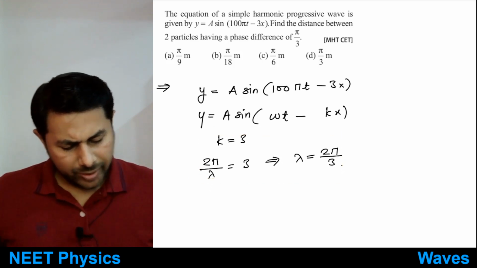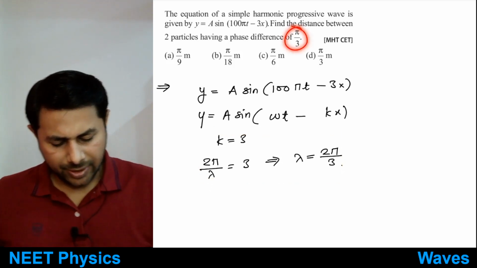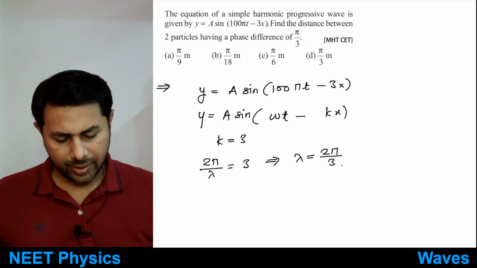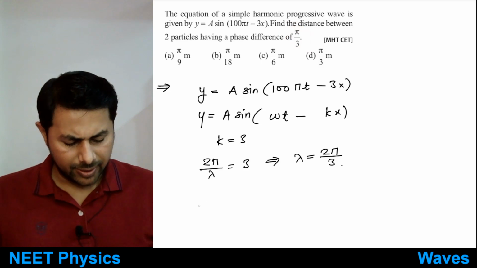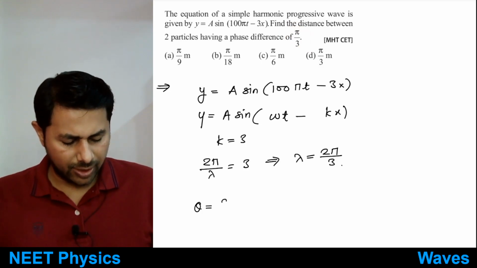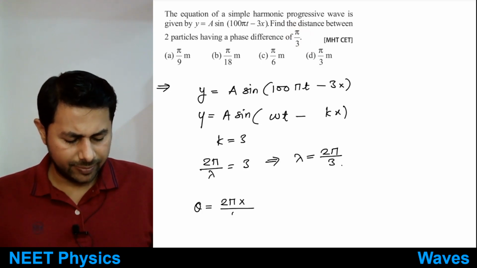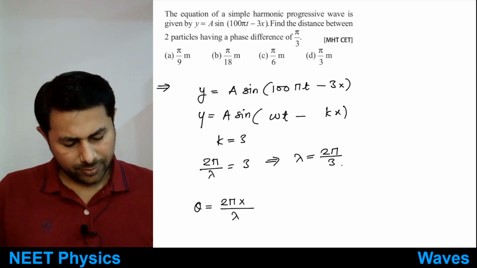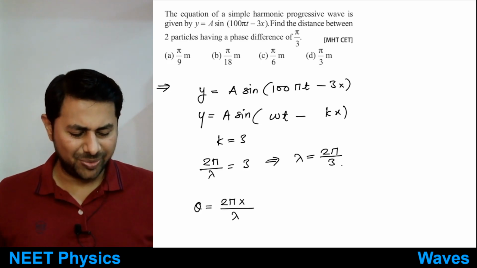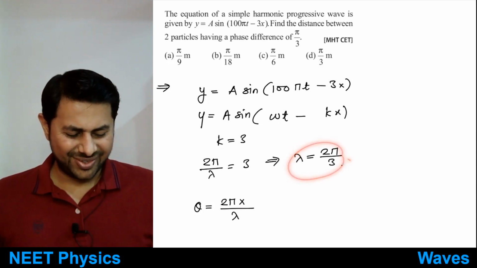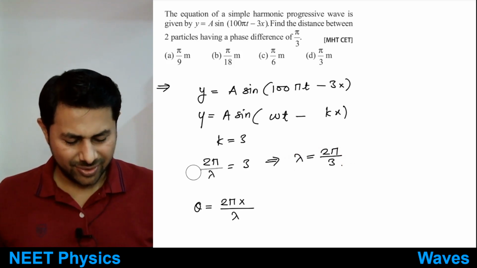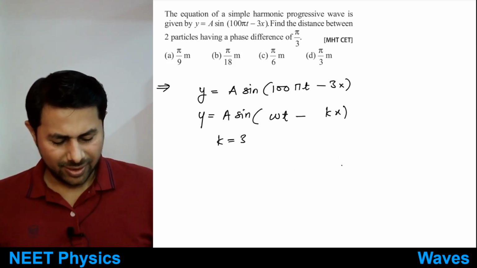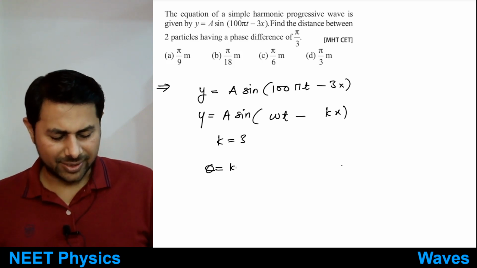And then what do you have? So phase difference is pi by 3. What would be the path difference? Okay, distance between two particles having phase difference of pi by 3. So again, theta is equal to 2 pi x by lambda, right? And oh, we actually didn't need to find out lambda, right? We could just substitute k. So okay, simpler way to do this, theta is just equal to kx, right?